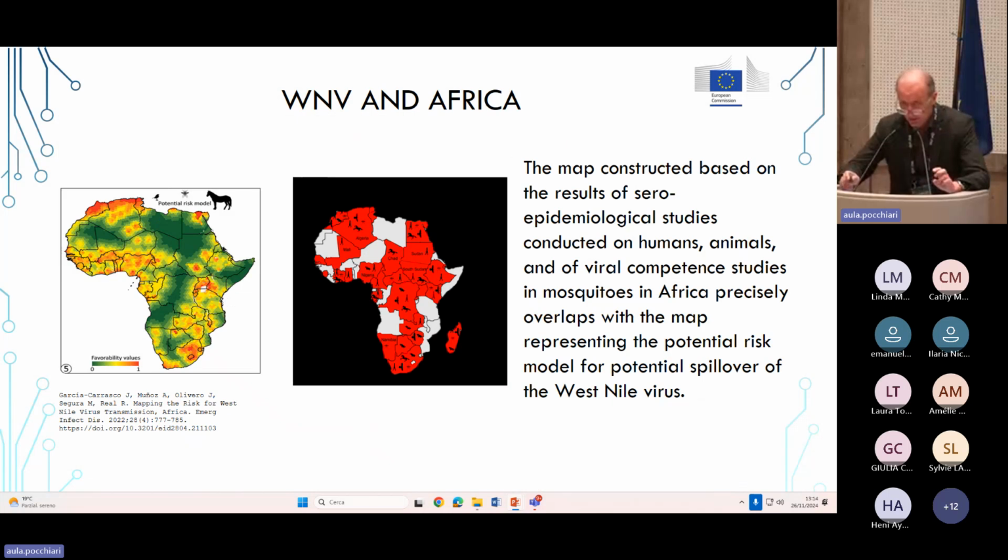As well, if you look at the risk map elaborated by Garcia et al. and the distribution of the virus circulation on the right side, also in this case, the two maps overlap quite precisely.